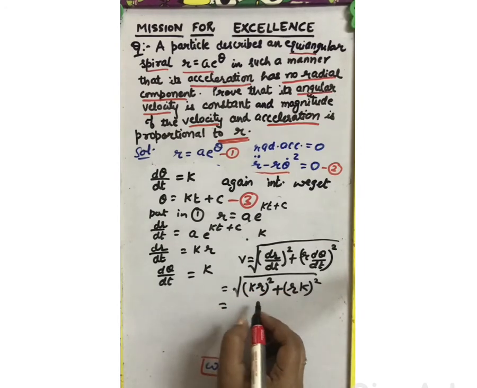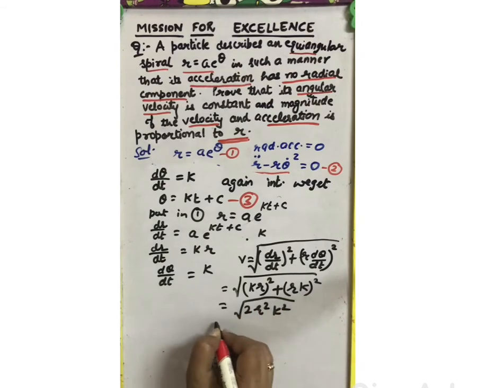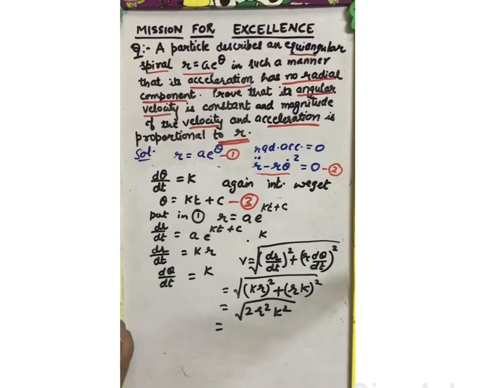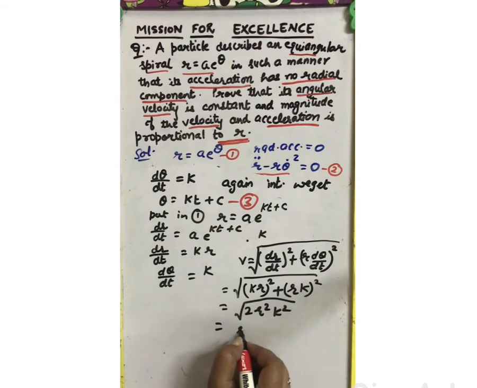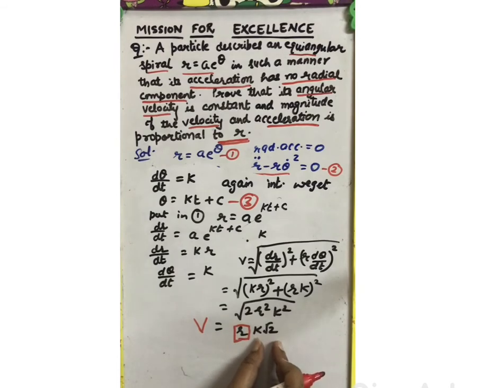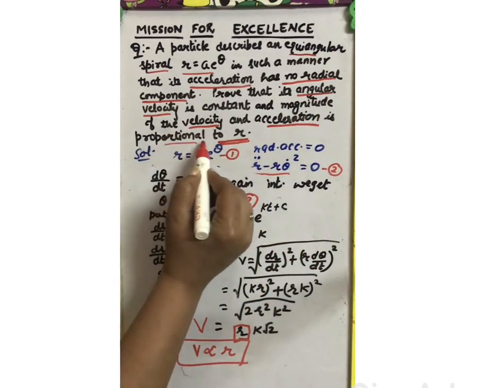So we get root of 2r square k square. When we solve the root, we get r k root 2. So from here you can see this resultant velocity capital V depends only on r, because k is a constant. So V is proportional to r. So our second part is proved, the magnitude of the velocity is proportional to r.